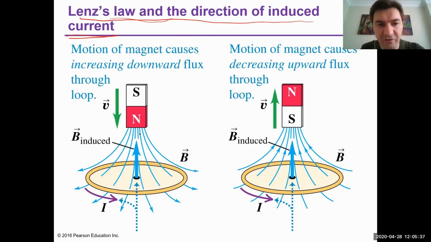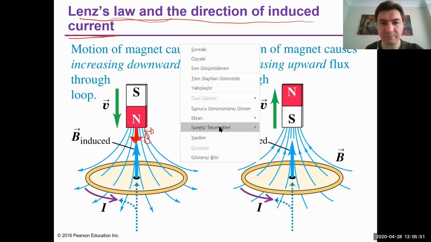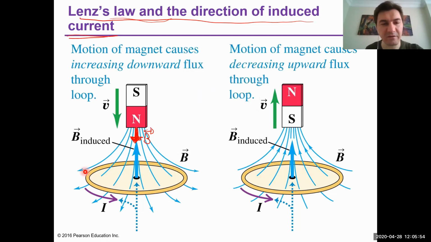This is the direction of the magnetic field, let's say, okay. You can consider like this. These are the field lines from N to S. These are the field lines. But let's consider you produce such a magnetic field. If you move the magnet toward the loop, the magnetic field in that area will increase, okay.